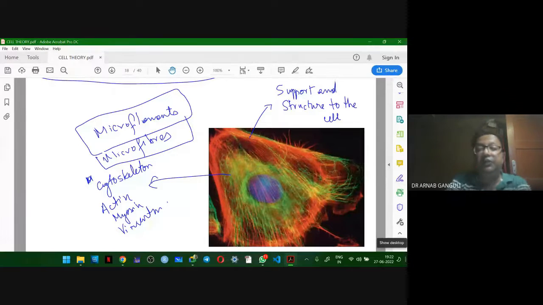This blue colored, of course, is the nucleus. This is the nucleus.